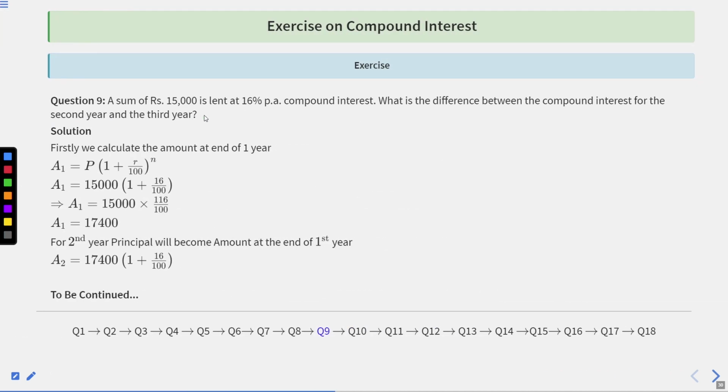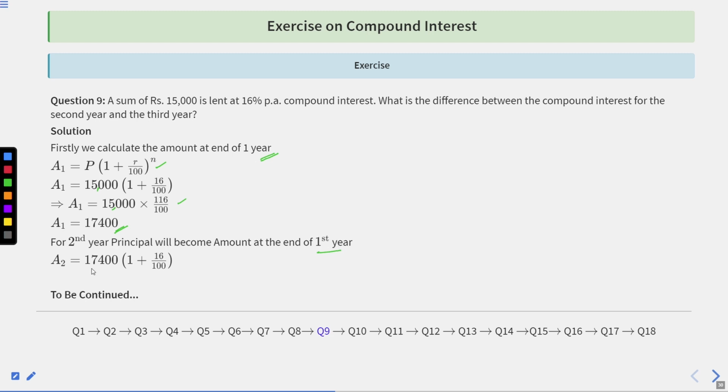So firstly, we calculate the amount at the end of 1 year. So A1 is equal to principal into 1 plus R upon 100 to the power n. So A1 will be 15,000 into 1 plus 16 upon 100, and A1 is equal to 15,000 into 116 upon 100. So A1 will be 17,400. So for second year, principal will become amount at the end of first year.